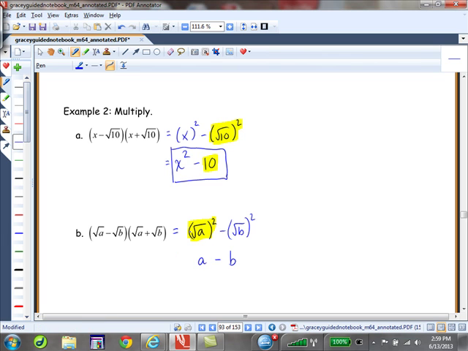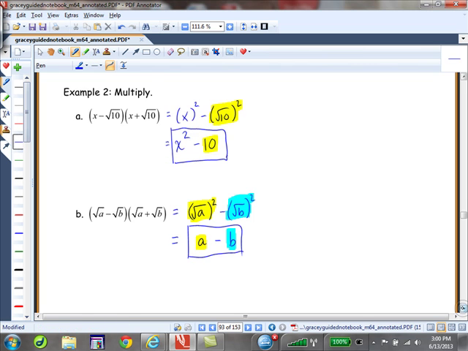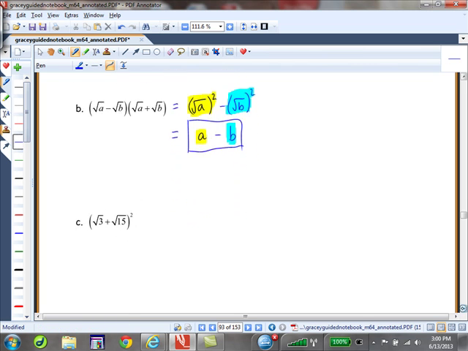So you just get a minus b. Right, so this lined up with the root a being squared. And then this one here is the result of root b squared. All right. These are almost easier than the first example, huh?